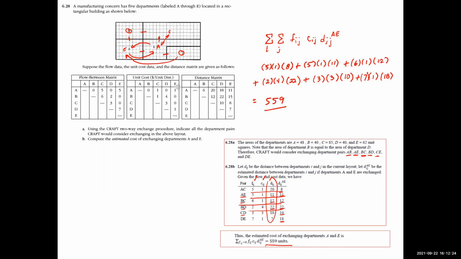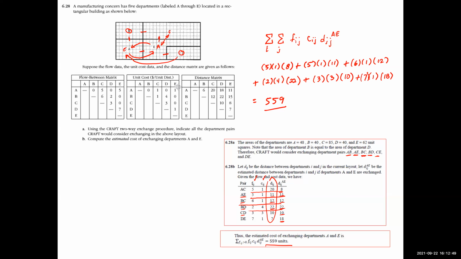Okay? So if I give you, for example, an initial cost, saying my current cost for the current layout is $650, and I ask you to do the swap and tell me whether or not this is a better layout, you will compare the cost.